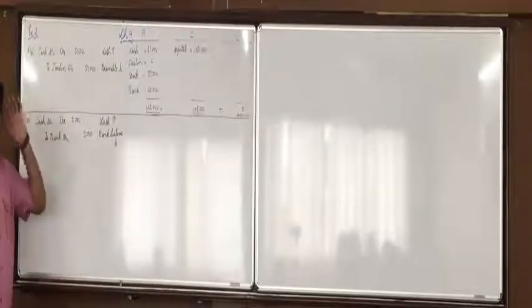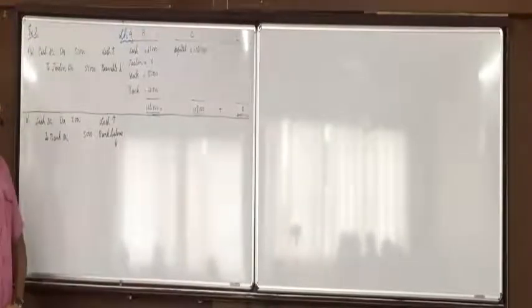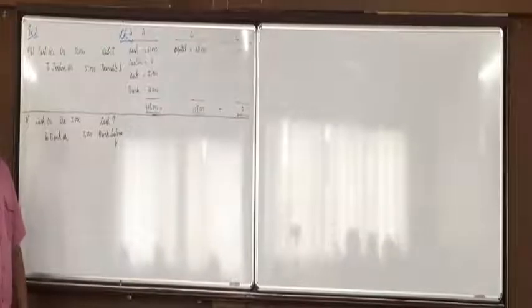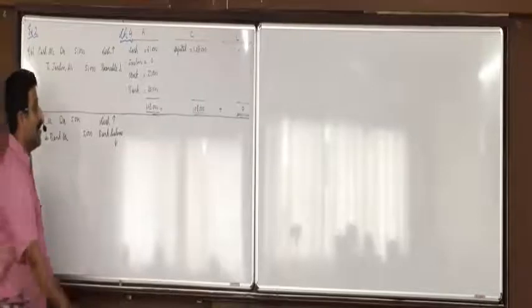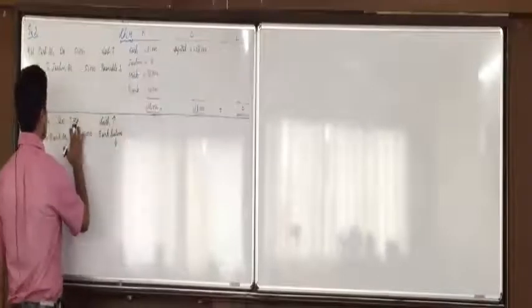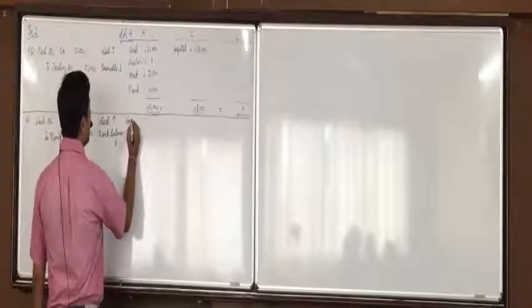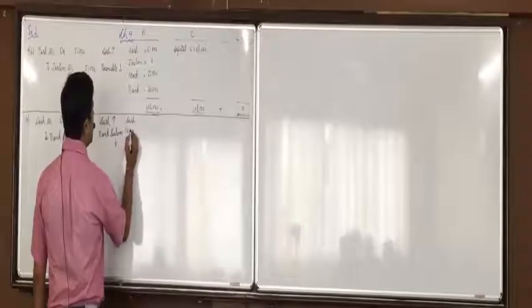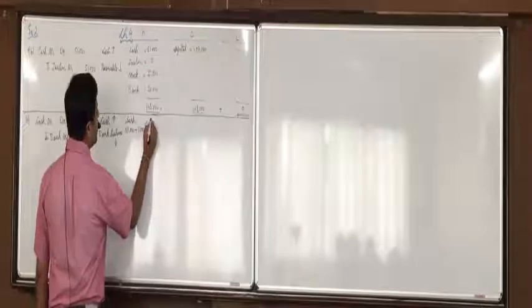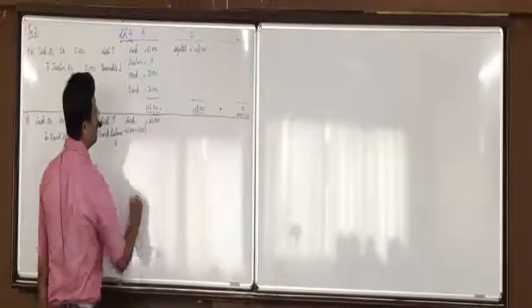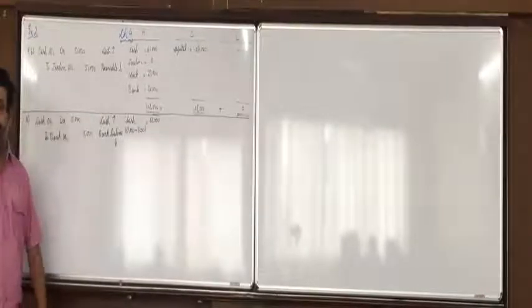Any confusion in this? Nikhil, now what will be the cash balance? Earlier we had 61,000, so now 61,000 plus 5,000. It will become 66,000. Are you okay with this?